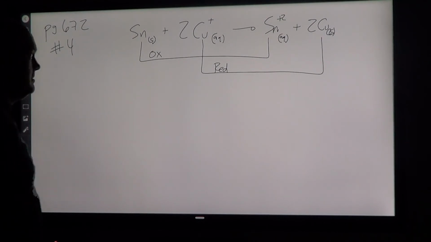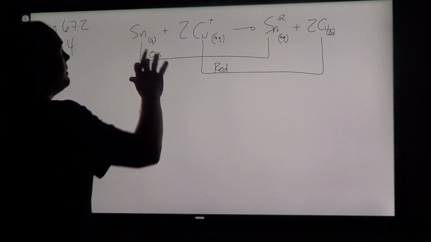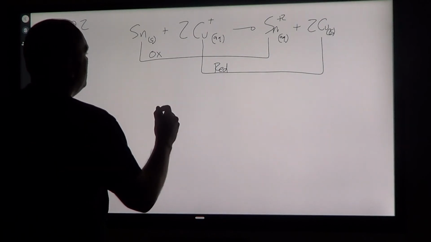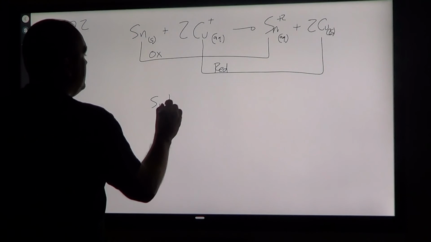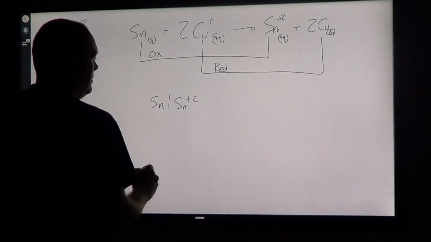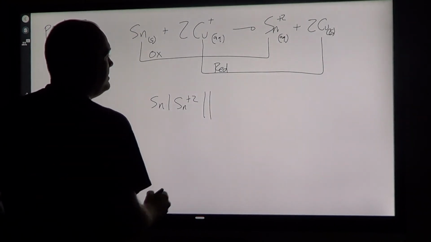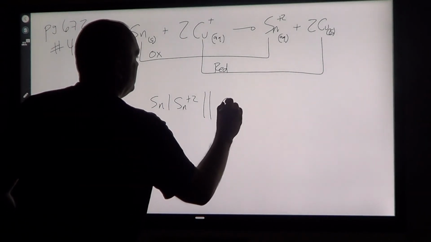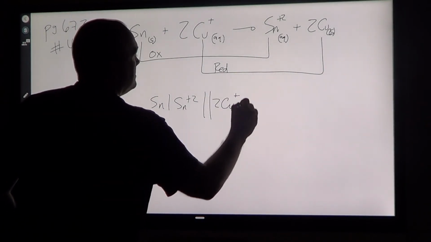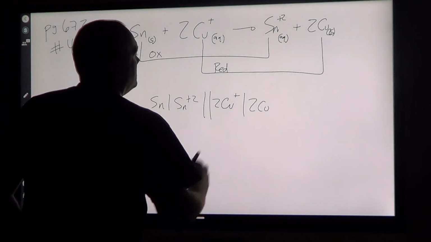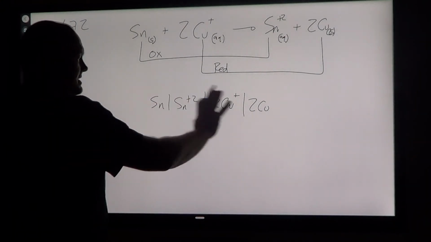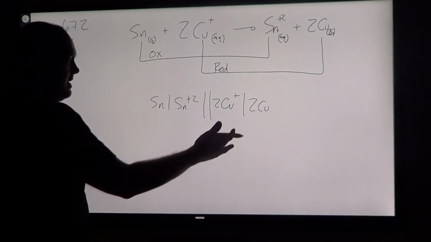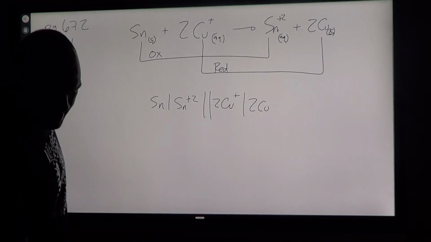That's the first thing. The way I always did it was I rewrote this so that it made more sense to me in the electrochemical cell form. So I went Sn to Sn plus 2. Then I draw the salt bridge, and then I do Cu plus to Cu.